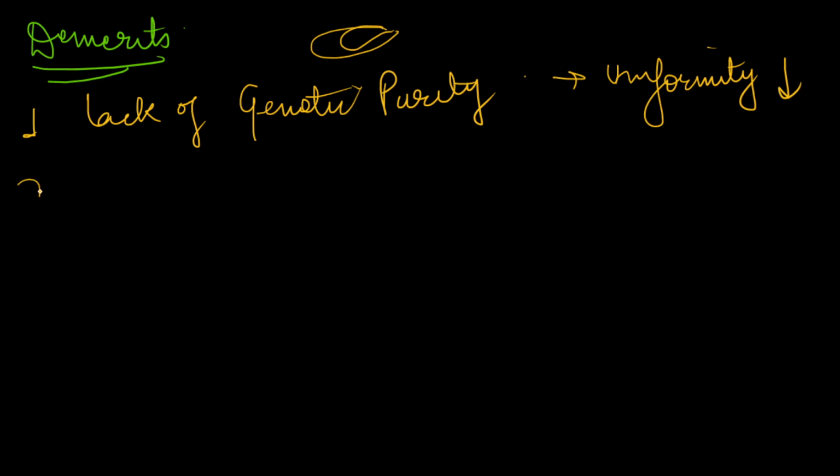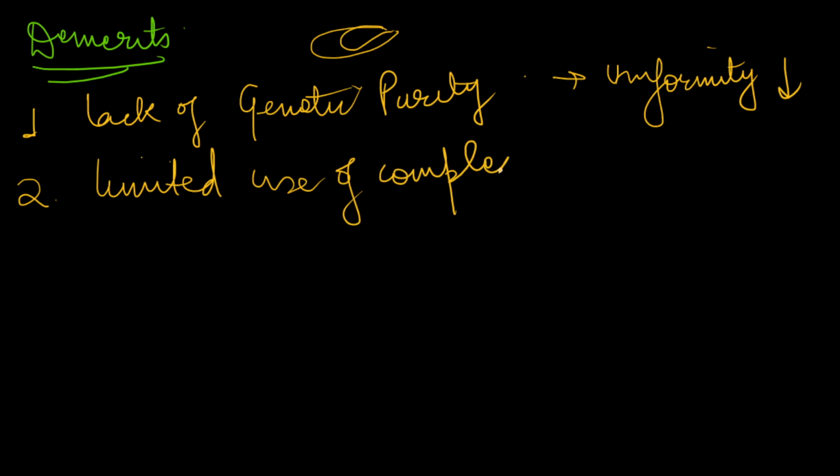Okay, there is limited use for complex traits, because here we are just focusing on the phenotypic characters. So complex characters are difficult to observe through it. Phenotypic selection may be misleading.